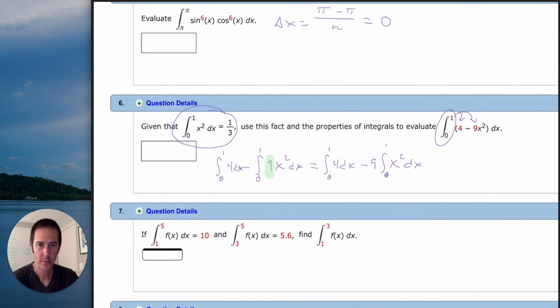Remember from the video about the notes for this section, that in an integral where your integrand is a constant value, so here we're integrating from 0 to 1, and what are we integrating? What's our function? It's 4, which is a constant function.